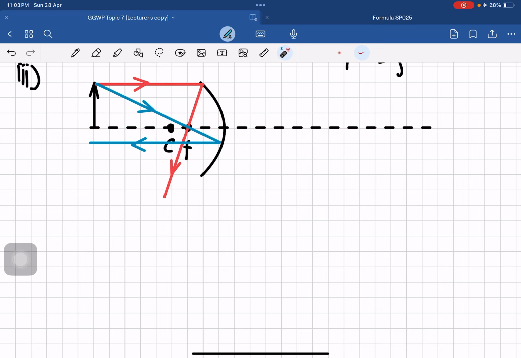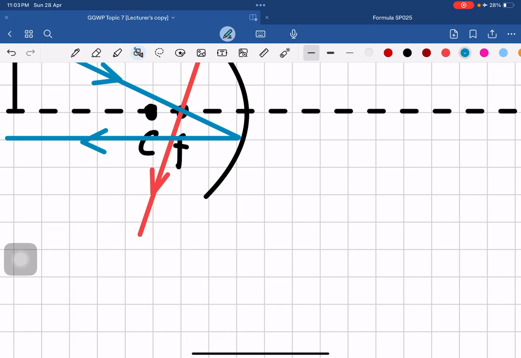Kalau the point of intersection is above your principal axis, it's going to be an upright image. So the trick here is look at the point of intersection. Is it going to be below the principal axis ataupun above? So basically this one is now below the principal axis, so it should be forming an inverted image.